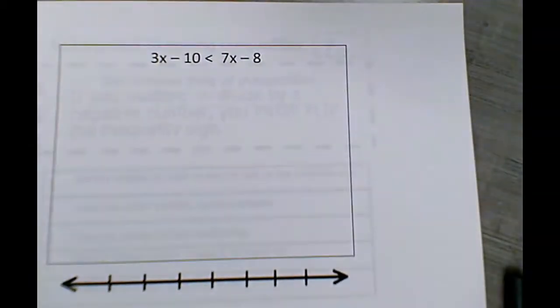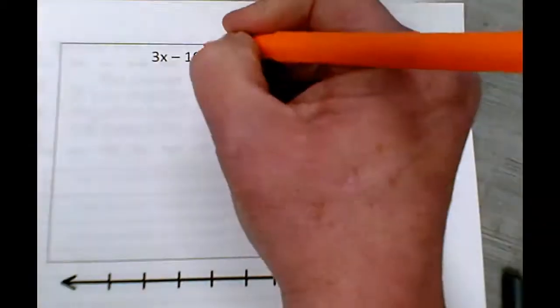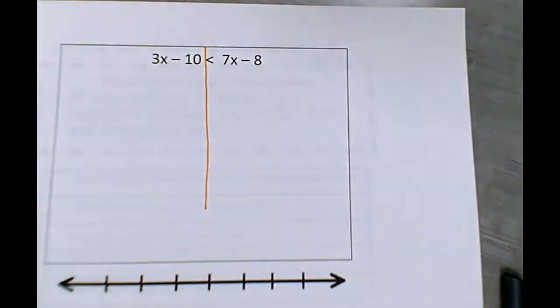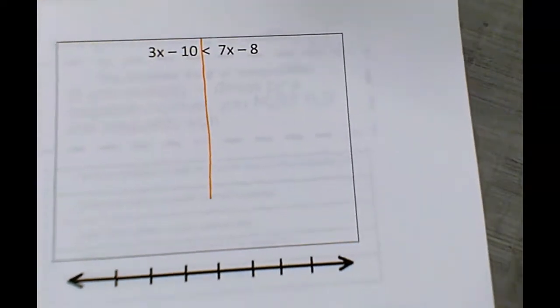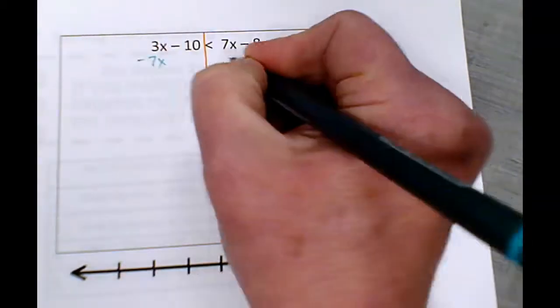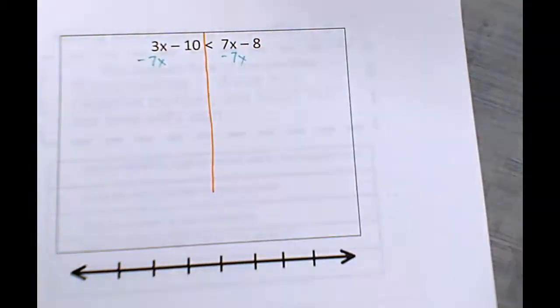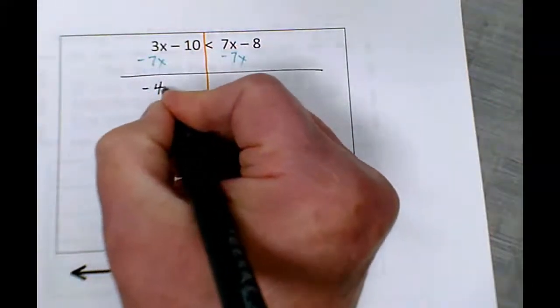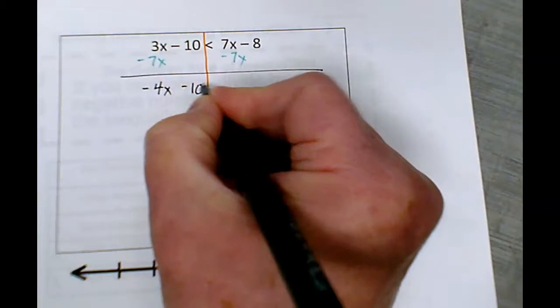Next example. I need my variables to be on the left, so it will be in the correct form. So I need to subtract 7x from both sides. So it would be a negative 4x minus 10.